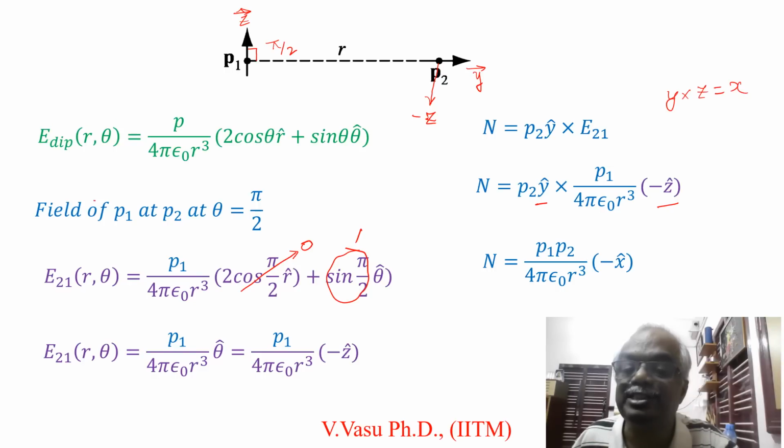However, there is a negative sign here, so I am using minus x cap. So this is also along the negative x direction, that is inward to the page. So this is the magnitude and the direction of the torque due to the electric field of P1 at point P2, that is, at point 2.